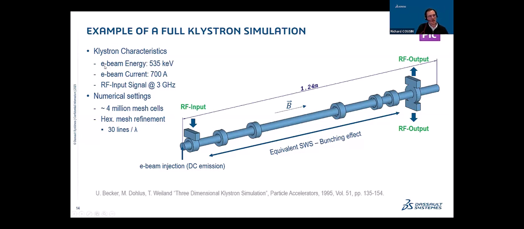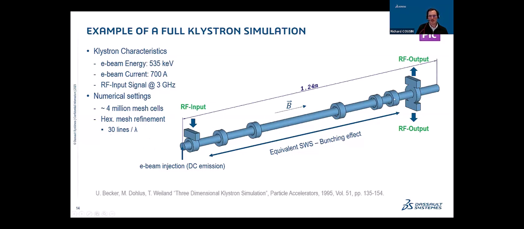You see here a beam energy of 535 keV, an E-beam current of 700 amps, and an RF input signal at 3 gigahertz. For the numerical settings, you have roughly 4 million mesh cells, and the hex mesh refinement is performed up to 30 lines per wavelength.